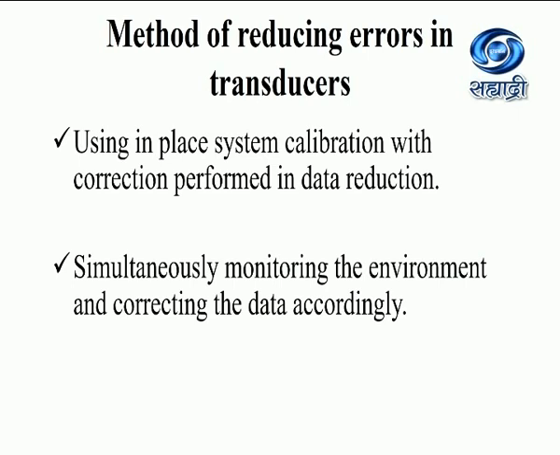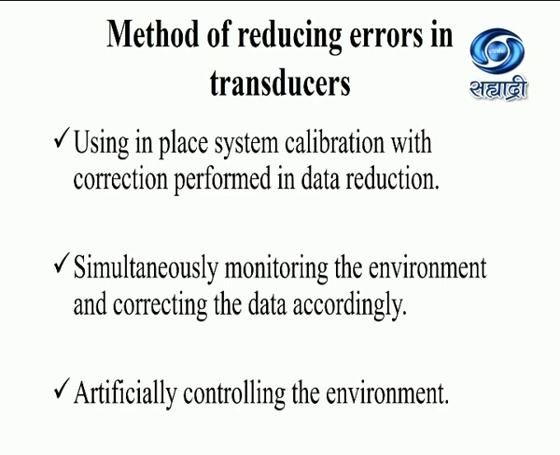The second method is simultaneously monitoring the environment and correcting the data accordingly. So in this method, we have to monitor the environment as well as correct the data of the transducer. The third method is artificially controlling the environment. So we can use advanced structure for controlling the environment.